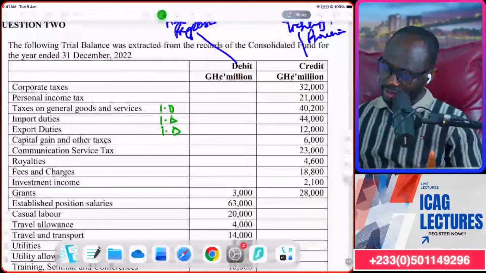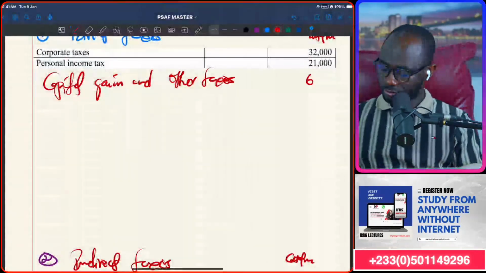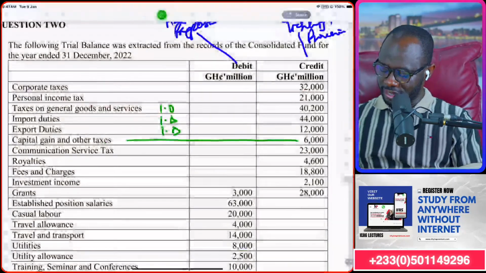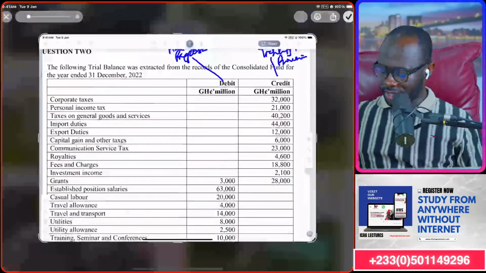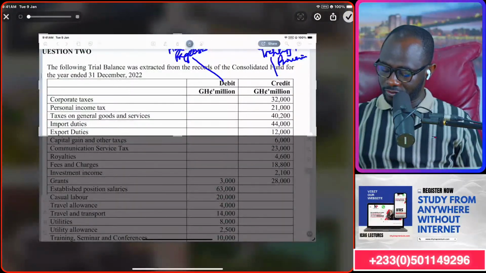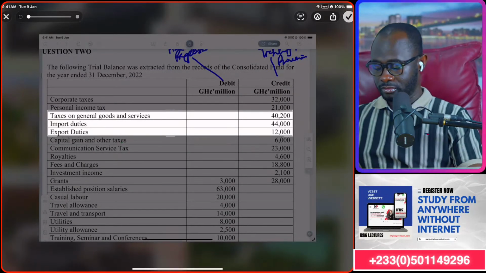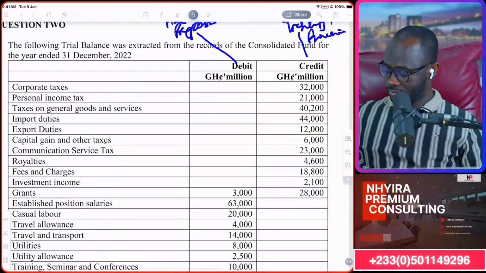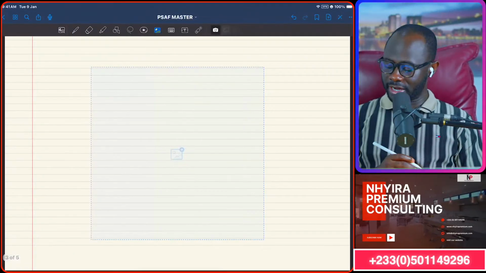And the amount there is 6,000. So let's bring the indirect taxes here quickly on that. So the indirect taxes, there are 3 of them. So we pick it up there and put it under my indirect taxes.